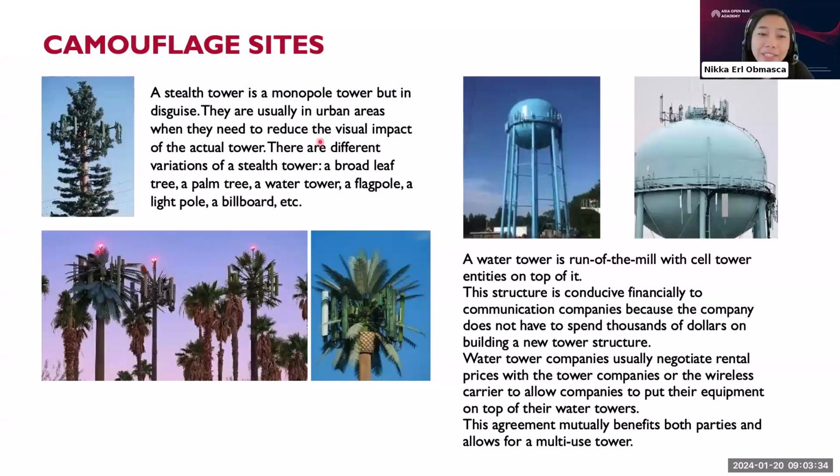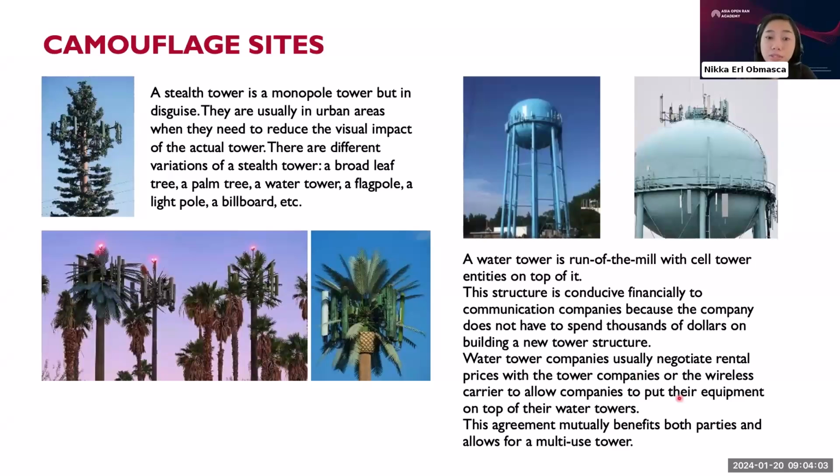So the next one is a water tower, with cell tower equipment on top of it. This tower is conducive financially to communication companies because the company does not have to spend thousands of dollars on building a new tower structure. Water tower companies usually negotiate rental prices with the tower companies or the wireless carrier to allow them to put their equipment on top of their towers.